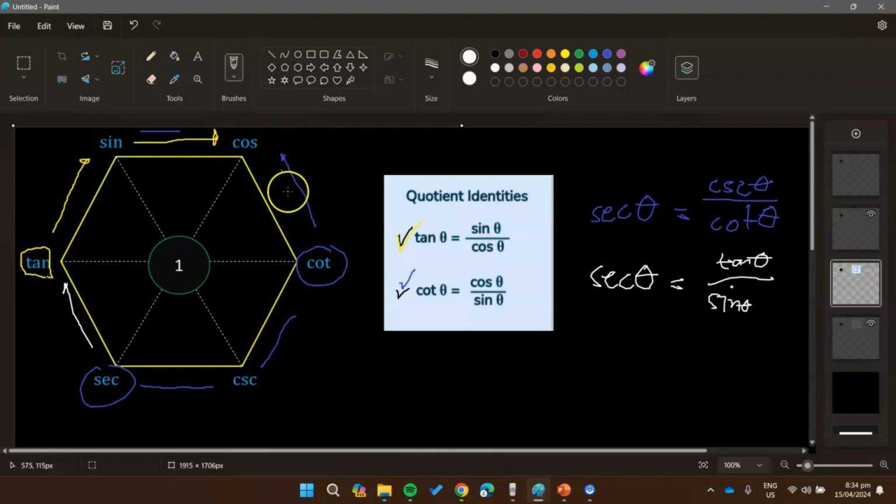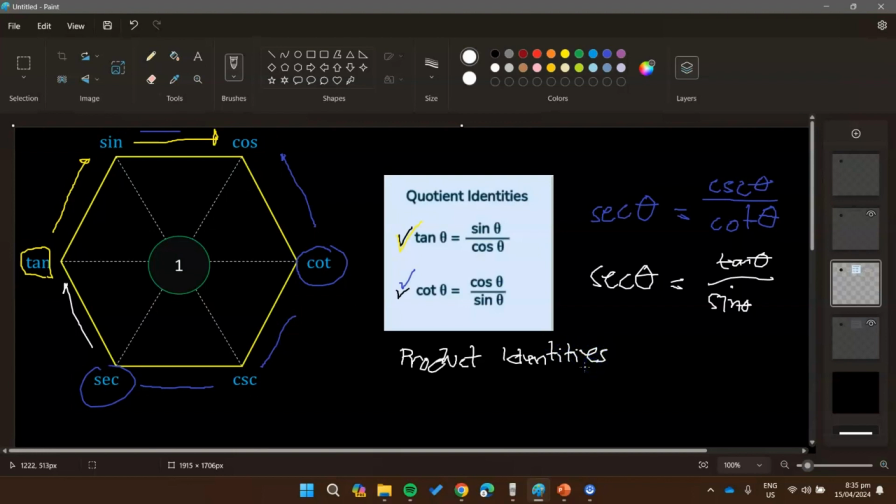Now, from this figure or from these identities, we can actually develop or create other identities. I'll call this one, let's say, product identities. Alright.